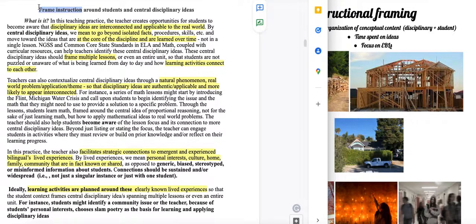So primarily, how is the lesson that we're observing designed? What is it designed to do? What is it designed to include? That can be something that's a little bit subtler because you may or may not have the teacher's lesson plan in front of you.